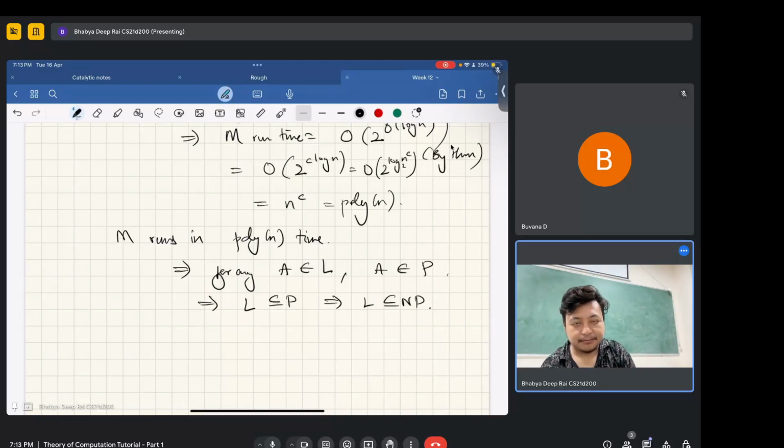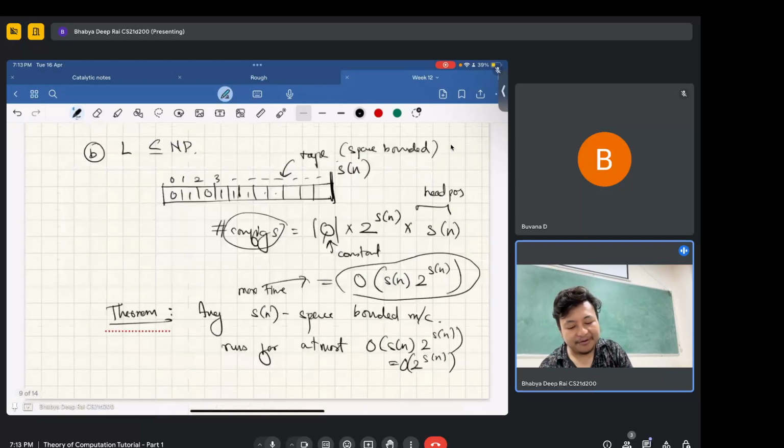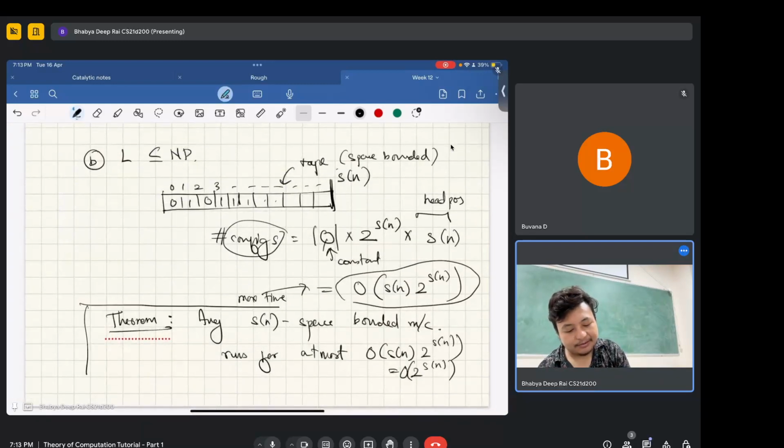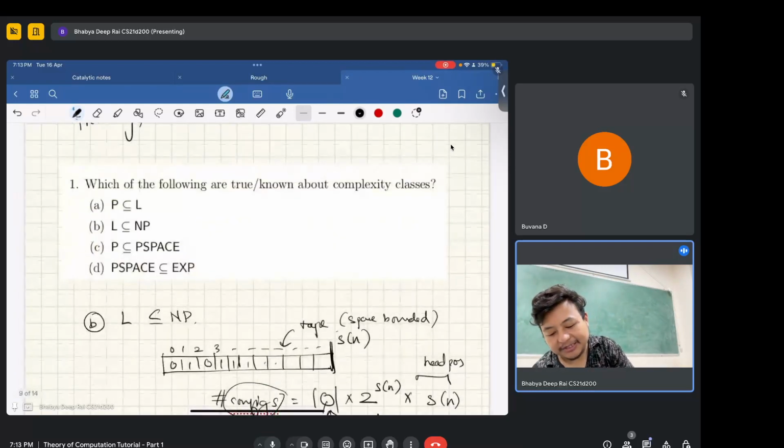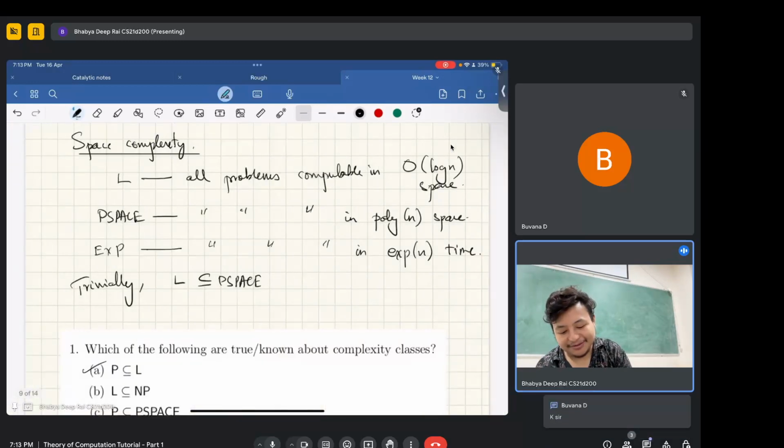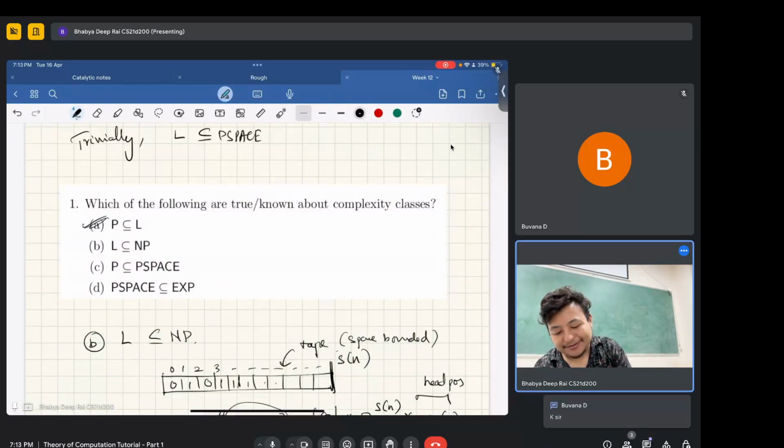So this is an important fact. Please remember this. Any space bounded Turing machine requires at most exponential in the space amount of time. So L is contained in NP is true.